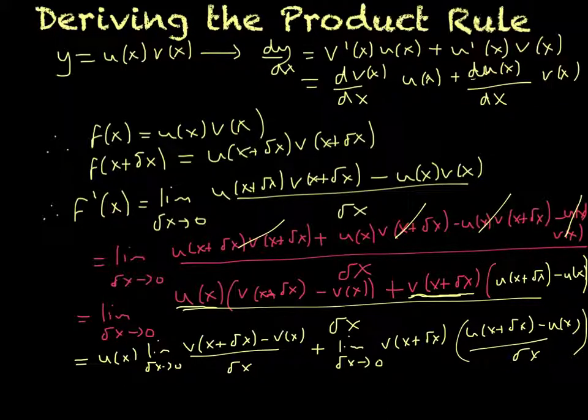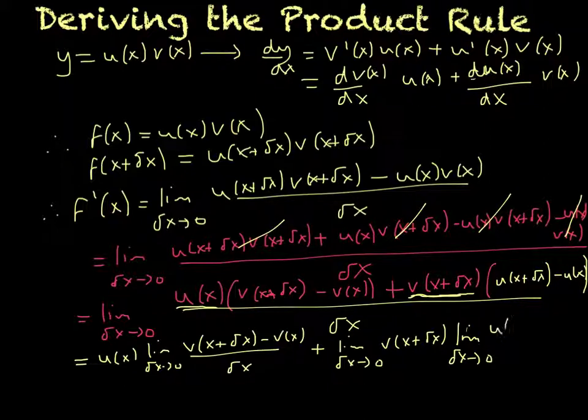And I can put my limit, I'll just rub that one out there. It just helps if we put all the limits separate so we can see what's going on at all times. So here we have u of x plus delta x minus u of x over delta x.